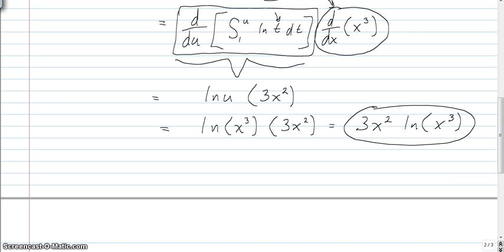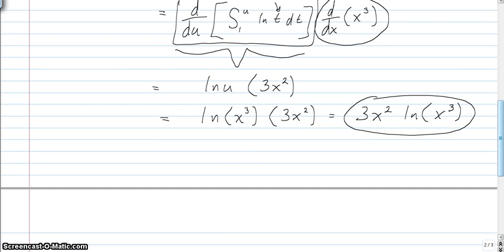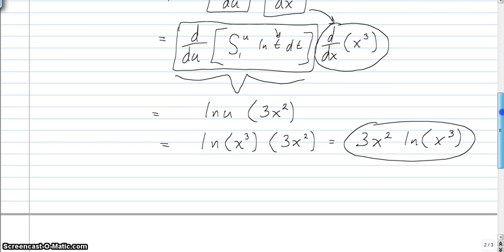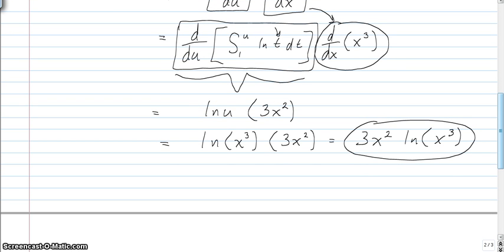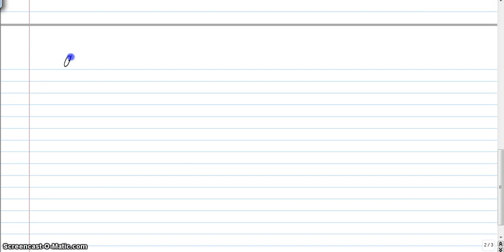Now you could certainly do this without the second fundamental theorem of calculus, or maybe I should say you could verify this just by using the first fundamental theorem of calculus. If we want to just take the derivative with respect to x of this integral, we could attempt to evaluate this integral.